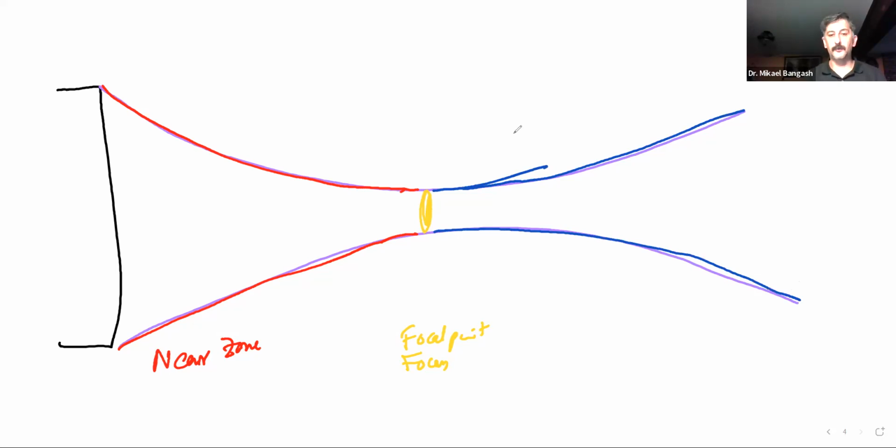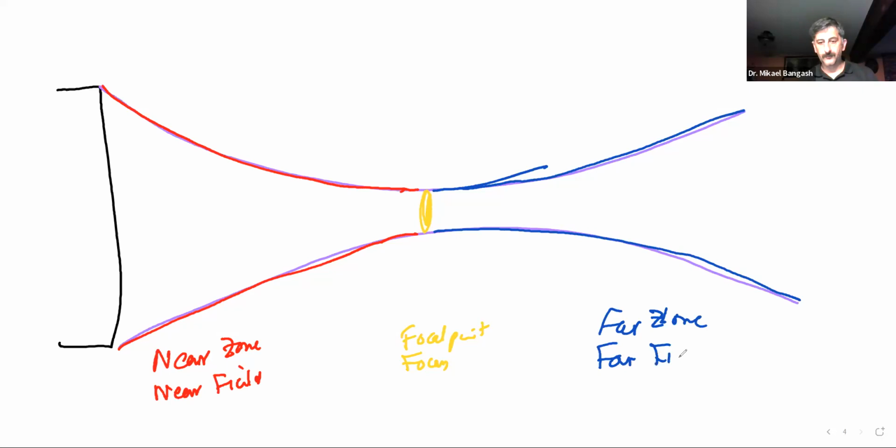Now, what do we call this area beyond the focal point or focus? That is going to be called the far zone. Clear? Just like we also call the near zone the near field, your far zone also can be called the far field.